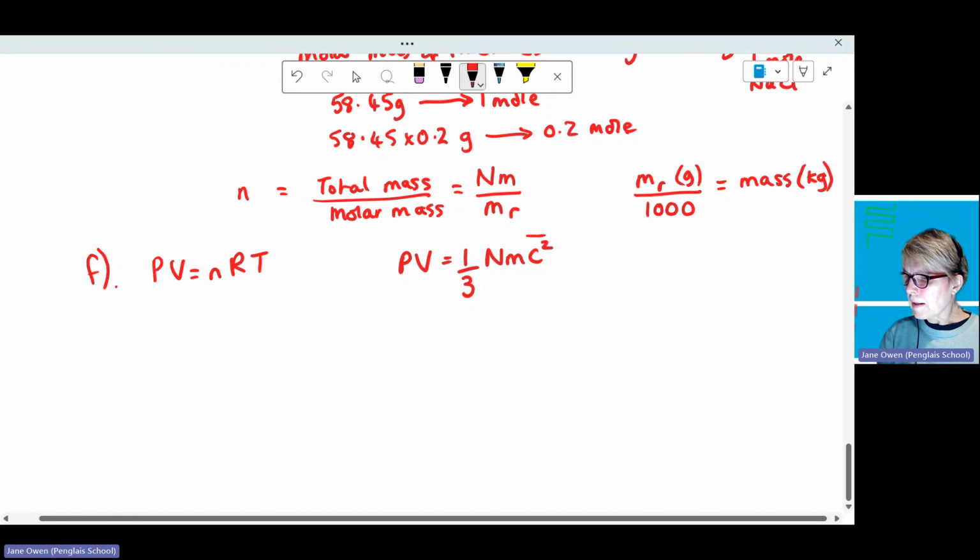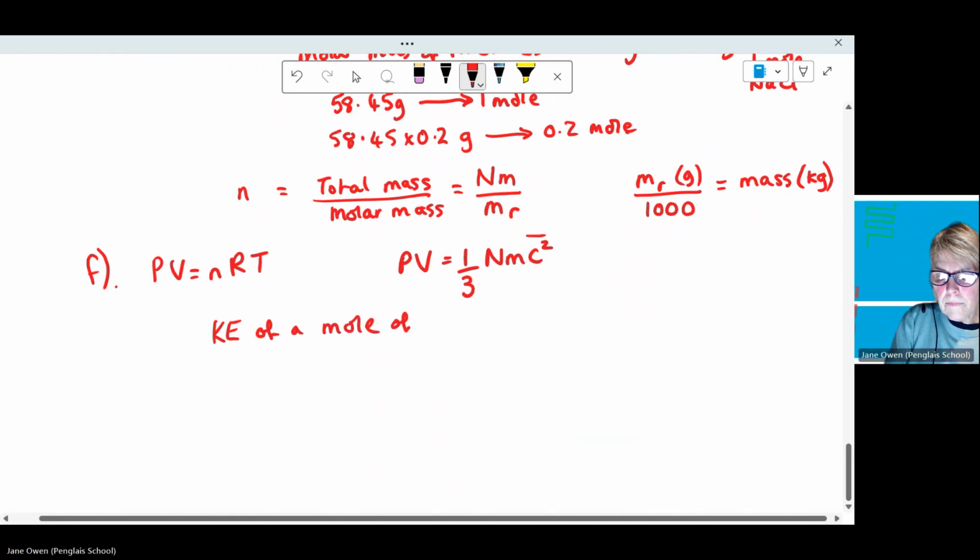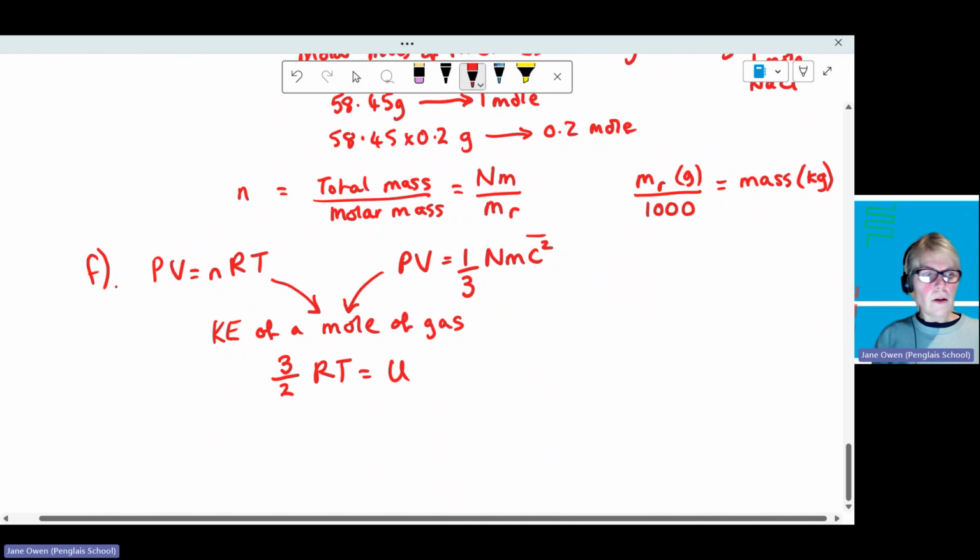So we need to combine them to show the kinetic energy of a mole of gas. You've got to somehow combine these two to get this equation, and they are expecting you to be able to do that. So that's what we will be doing now.